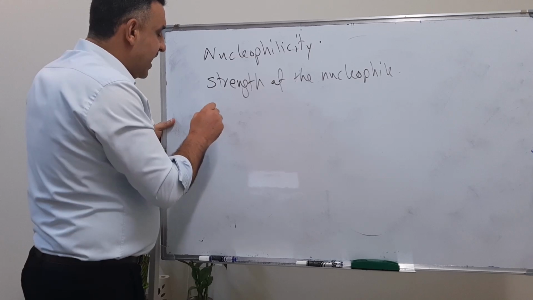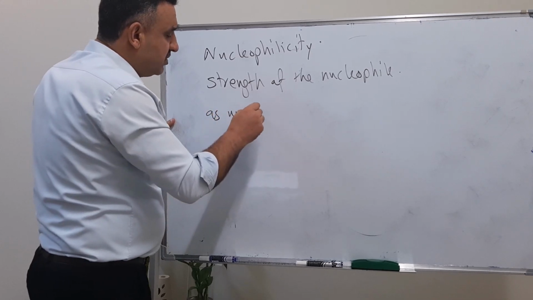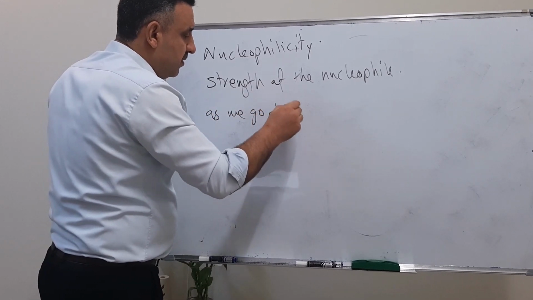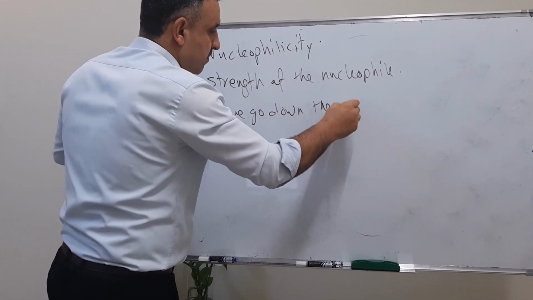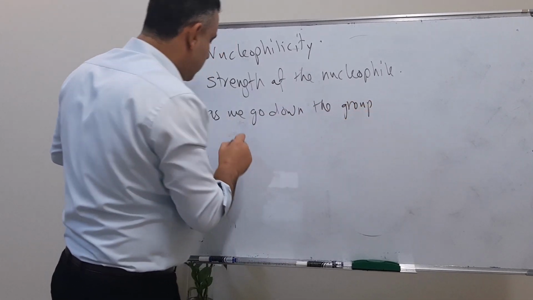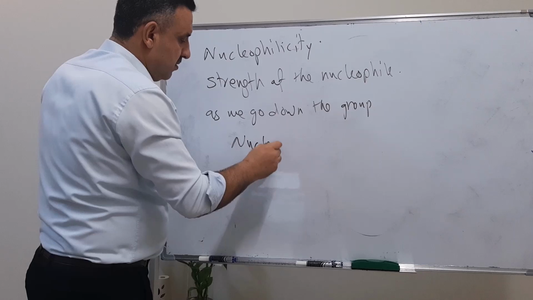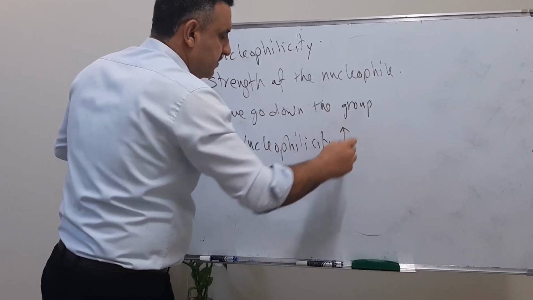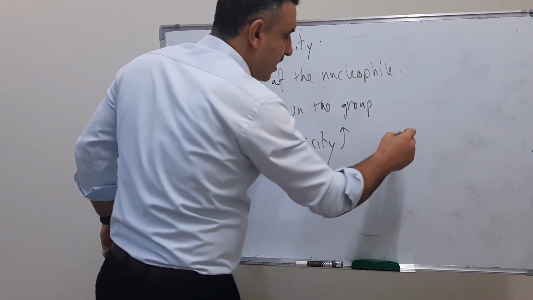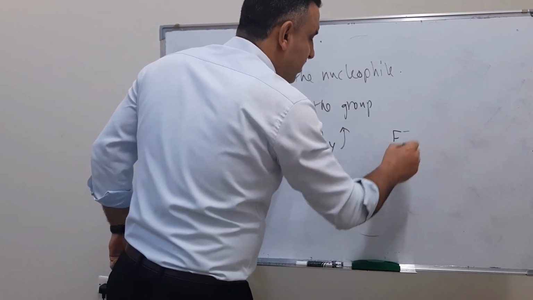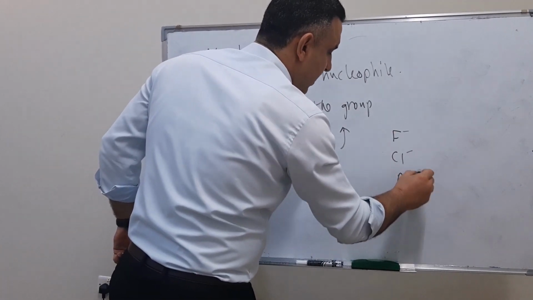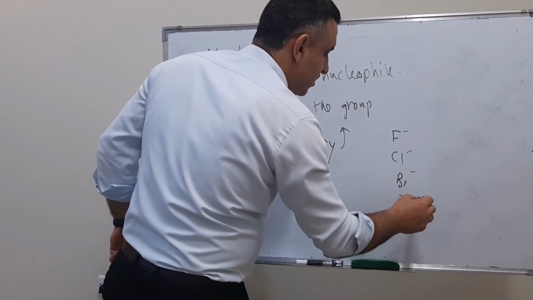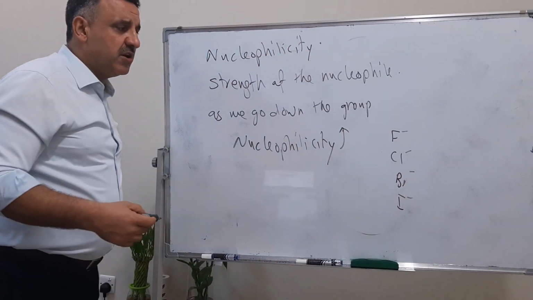As we go down the group, nucleophilicity increases. If you compare F minus with Cl minus, with Br minus, with I minus, which one is the stronger nucleophile?